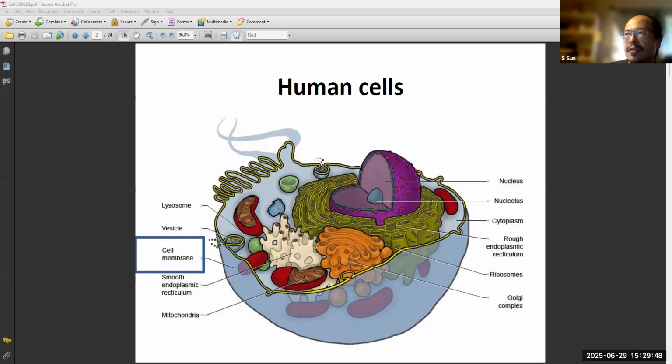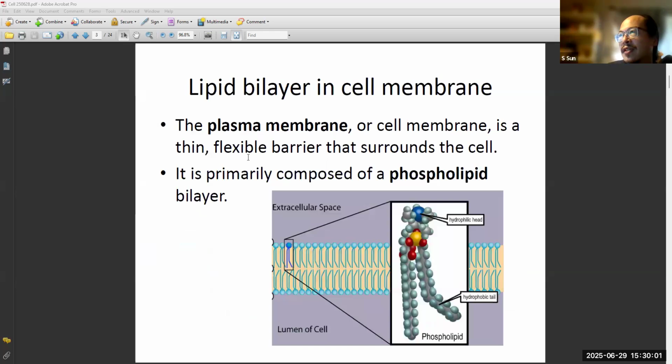If we want to talk specifically about the border of a cell, we can also call it the plasma membrane. The plasma membrane describes only the border of a cell, the flexible barrier of a cell.